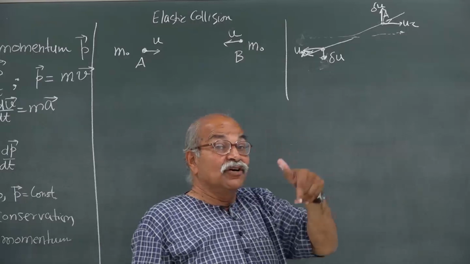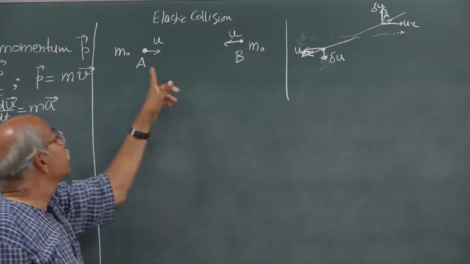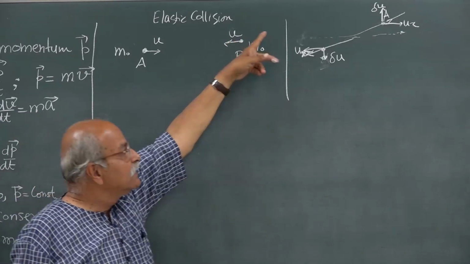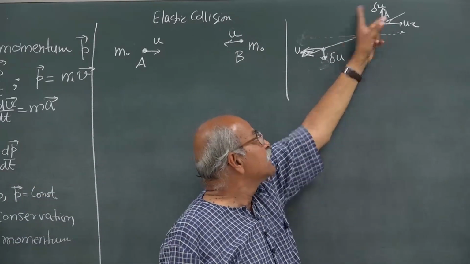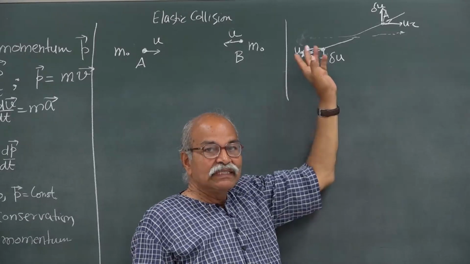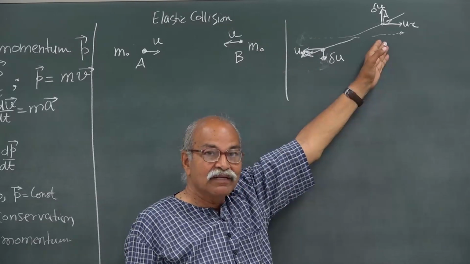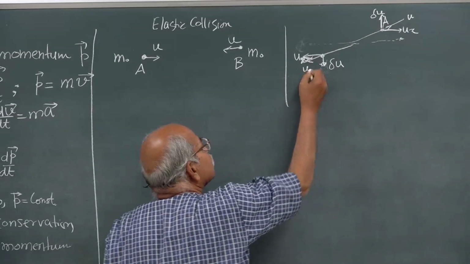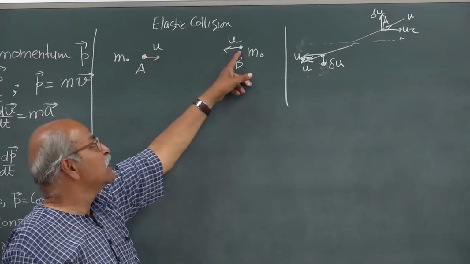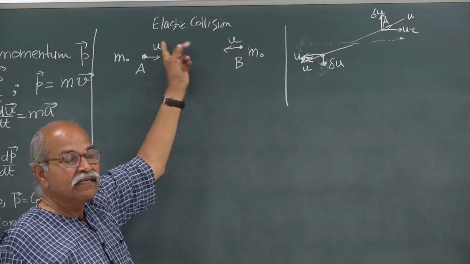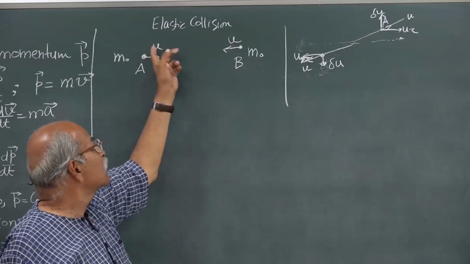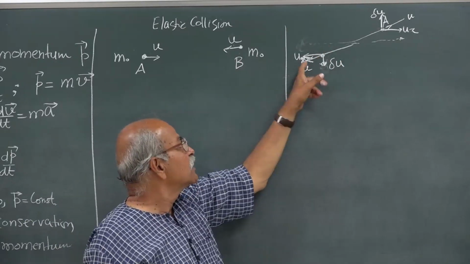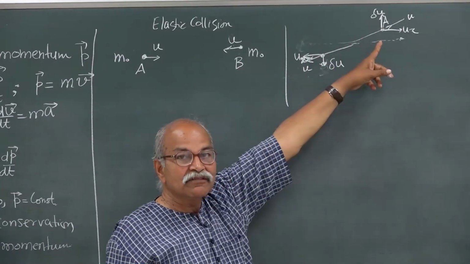And kinetic energy is constant. Here the kinetic energy is half m naught u square plus half m naught u square, and here it should be the same kinetic energy, and therefore the speed of the particle should be u here and u here, the same u. So, here also it should be half m naught u square plus half m naught u square.